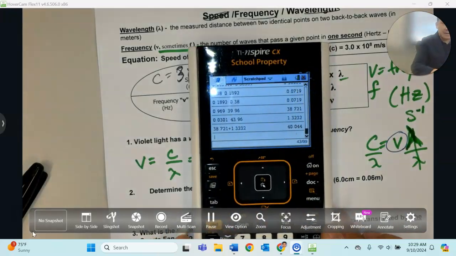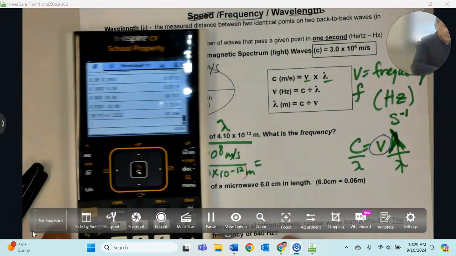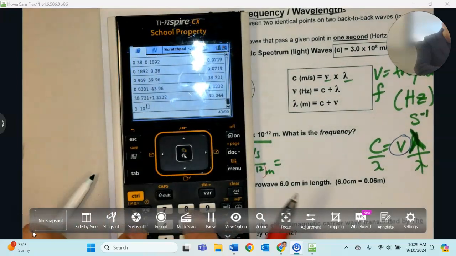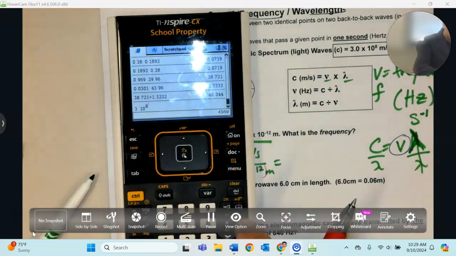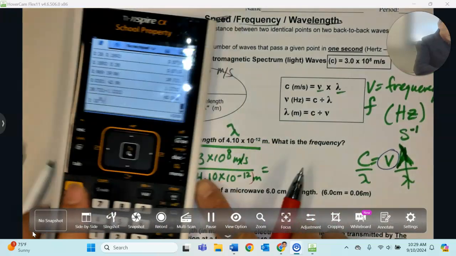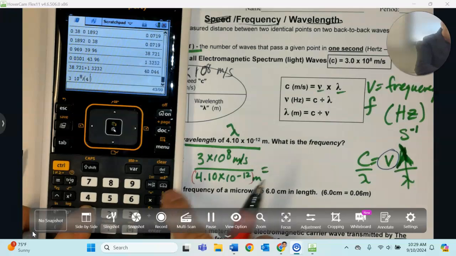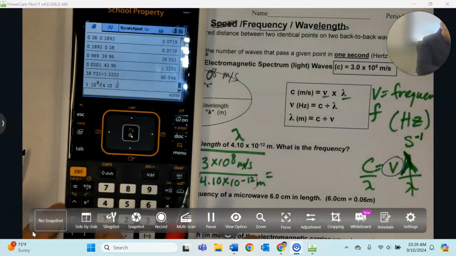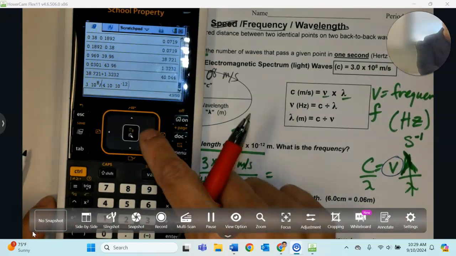Okay, so I have my calculator here. I'll punch that in. 3 times 10 raised to the 8. Okay, divide, open parentheses, the bottom number, 4.10 times 10 raised to the negative 12. Then I have to close that parentheses.